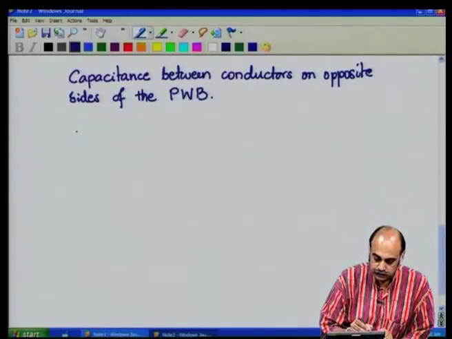Now, we have seen the variables and symbols on the equations. Let us take some numbers.